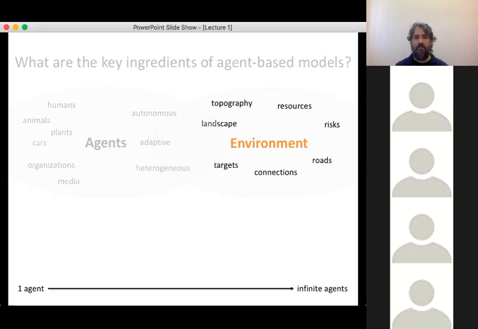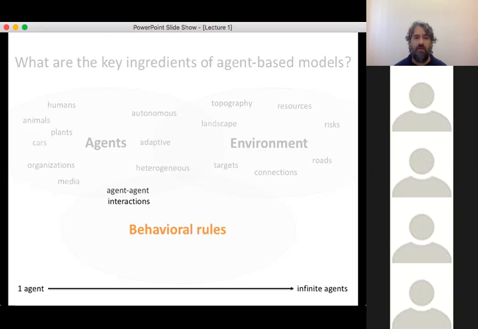And there can be roads connecting different parts of the environment. So agents and environment must interact with each other. What else? Well, there must be behavioral rules, that tell the agents how to interact between themselves and with the environment.